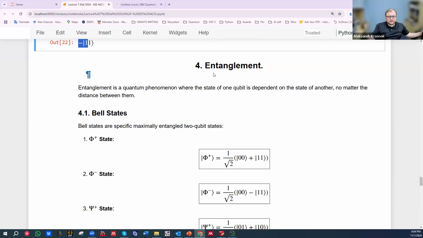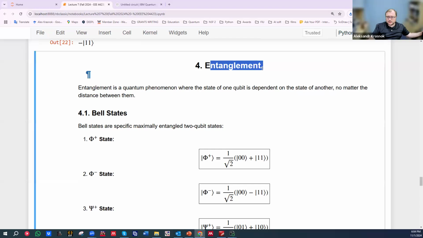So finally, this brings us to the concept of entanglement. Okay, so entanglement is a phenomenon where the state of one qubit is dependent on the state of another qubit, no matter the distance between them.